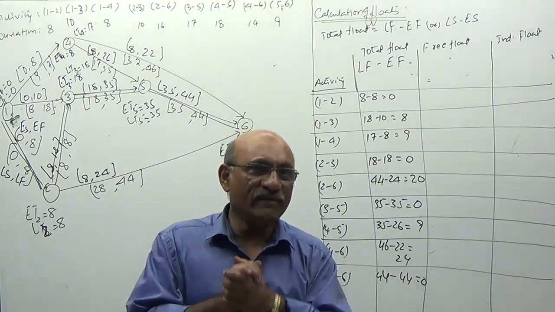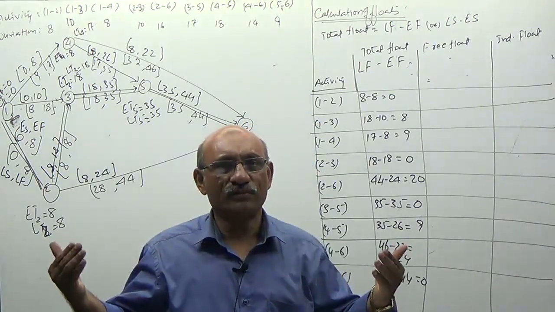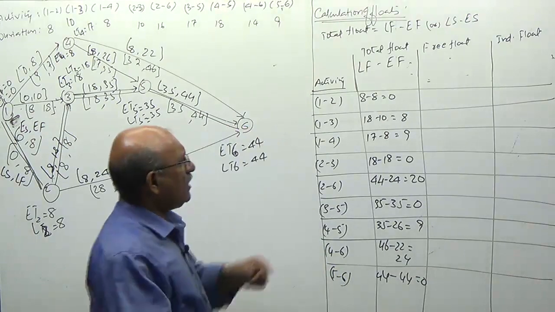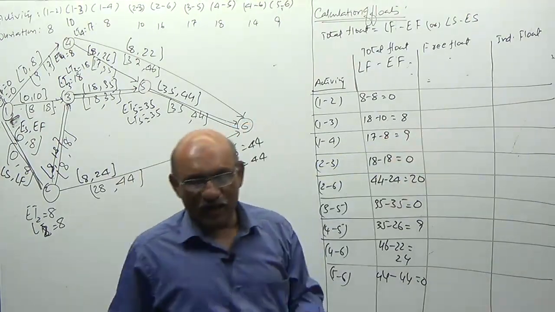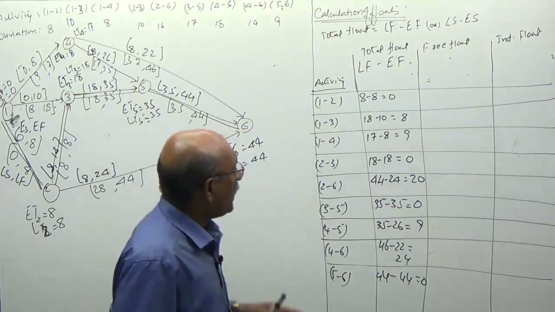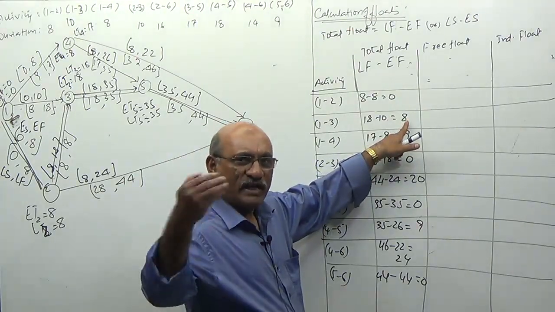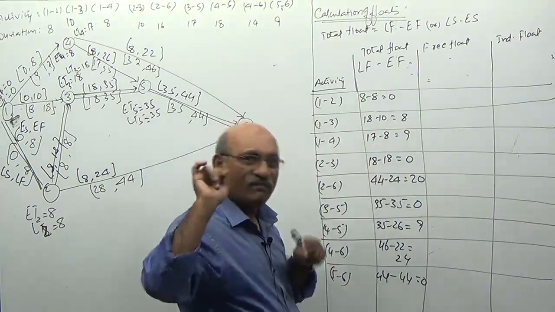Out of these 8 days, how many days can it use this time? Free float means, out of 8 days free time it is having, how many days it can use this time for this particular activity itself?